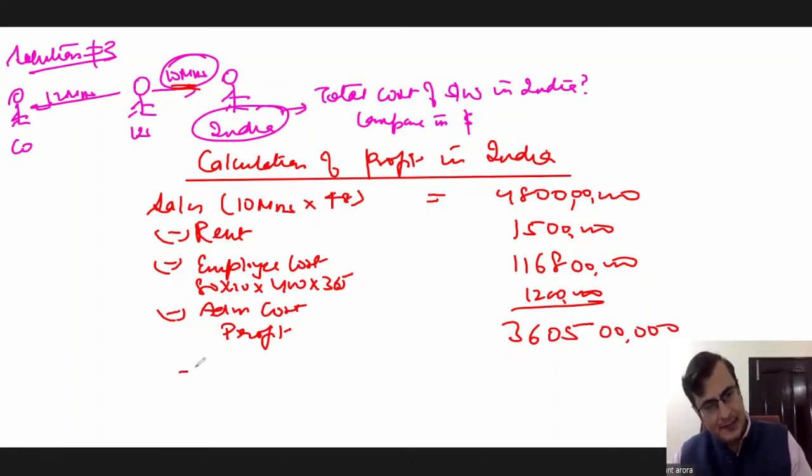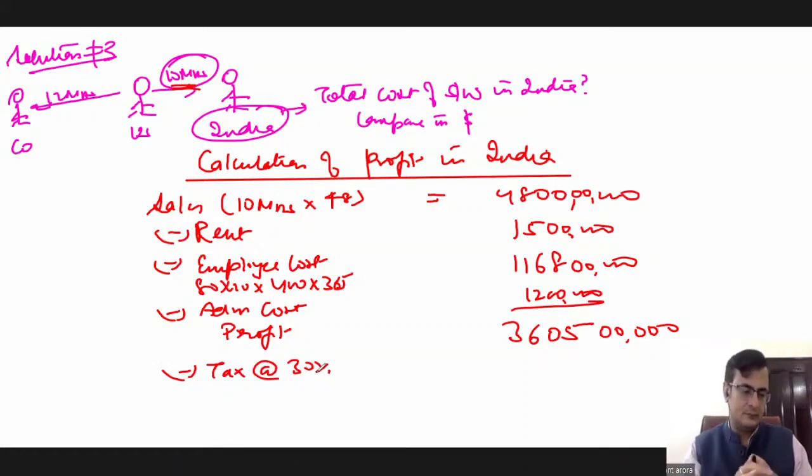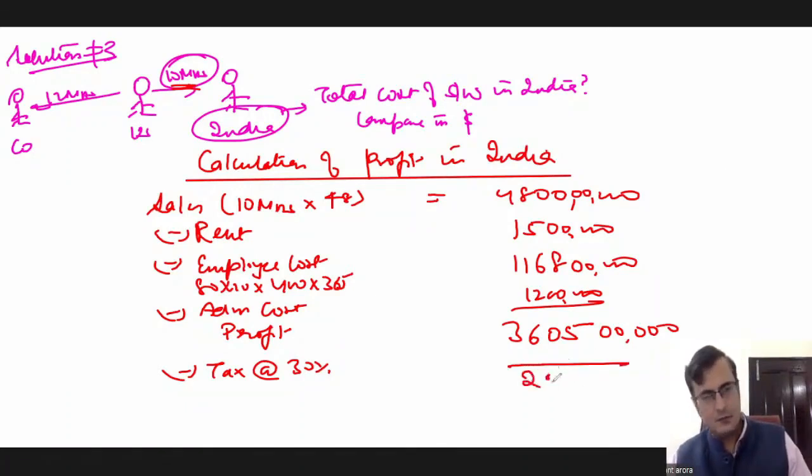Okay, minus tax at the rate of 30%. 52350. Okay, and less withholding tax.